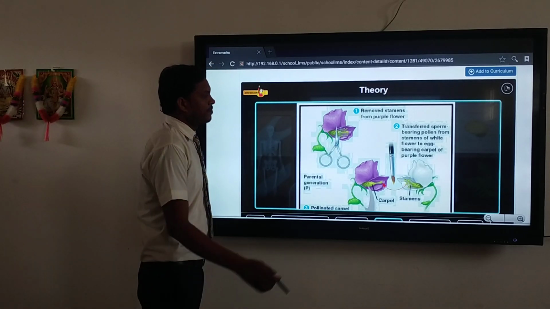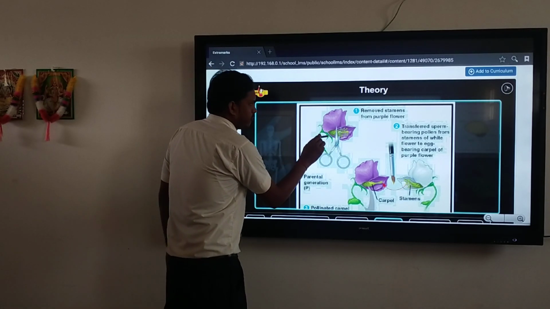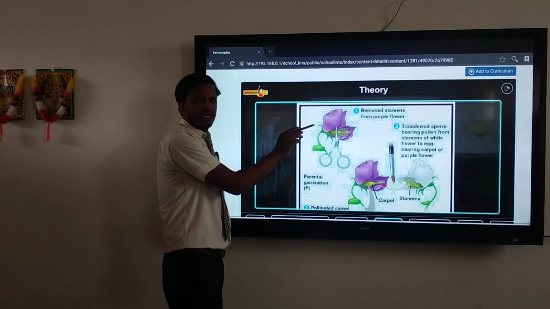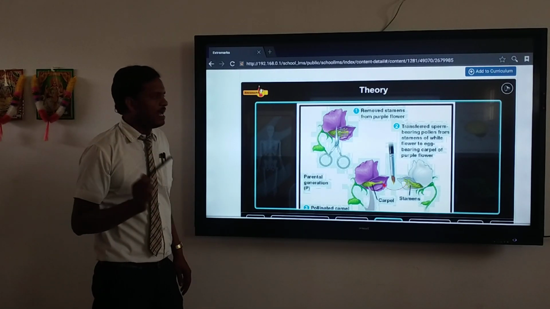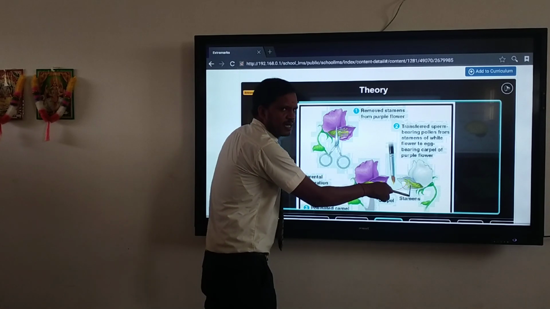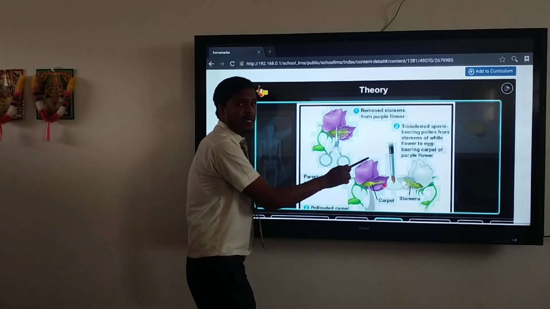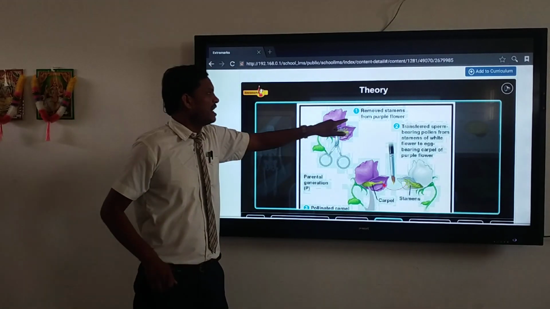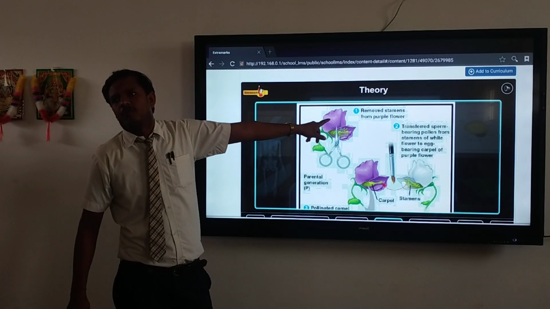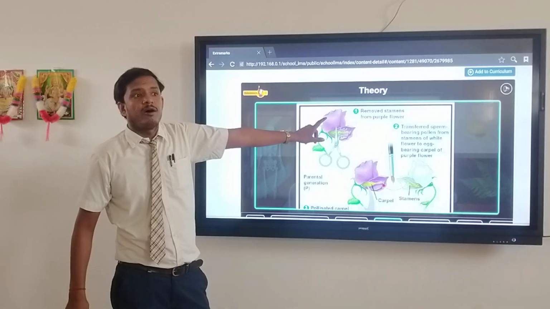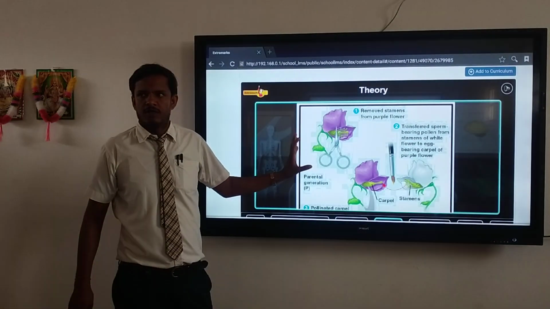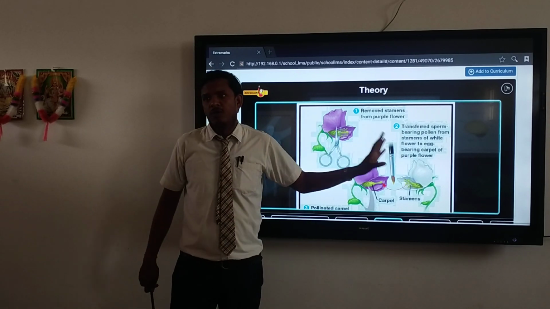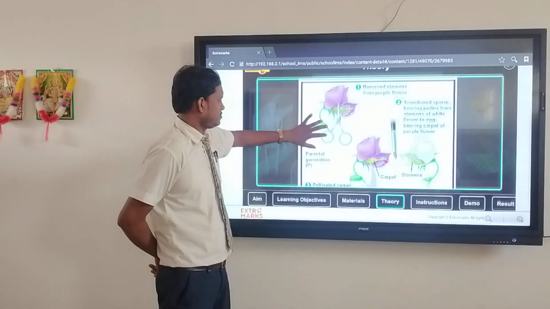It means that in the case of the purple flower, we remove the male reproductive organ. What is present here is the female reproductive organ. And from the white flower, we choose the pollen grains and dust them on the female reproductive organ, or the stigma, of the purple flower. Got it? This pollination we made between the purple and white flowers.